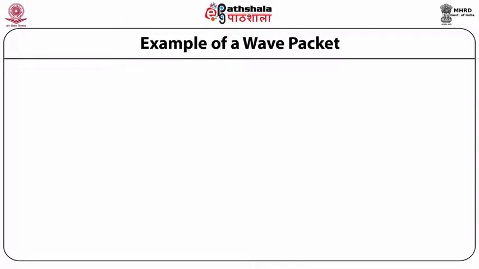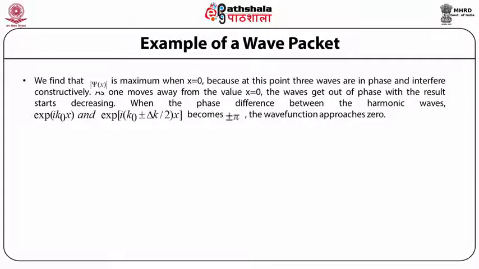It is seen that the wave function psi x associated with the wave packet has a maximum at x equal to 0 for its amplitude. That is, the amplitude of psi x is maximum at x equal to 0.